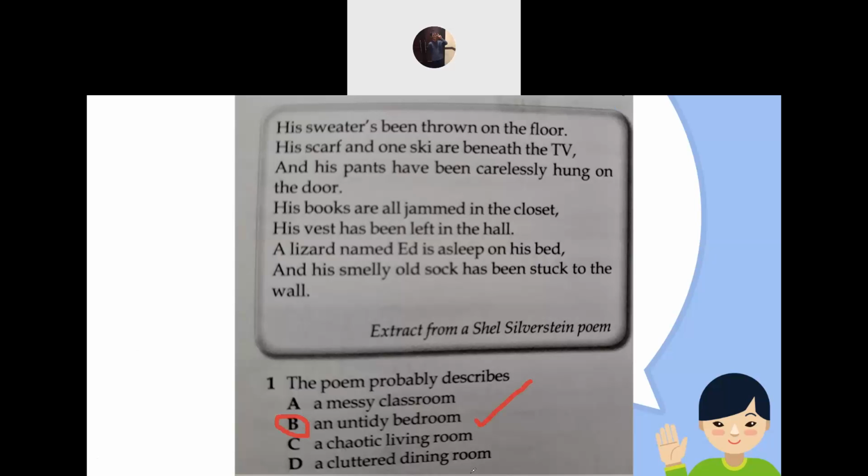Because I saw a bat asleep on his bed and old socks on the wall. Yeah, correct. So bat is correct. And after that, a closet. Closet: dining room, living room, classroom? Classroom can? Closet.